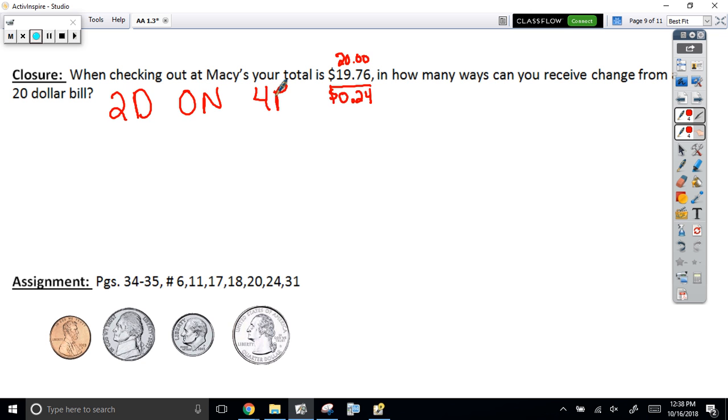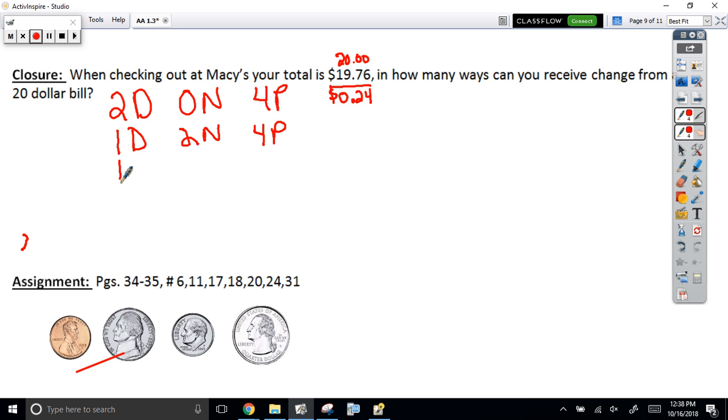Alright, then let's drop down to, let's say, 1 dime, 0 nickels. Well, it doesn't matter how you do it. Let's do 1 dime, 2 nickels. So that gets us to 20, and then we need 4 pennies.